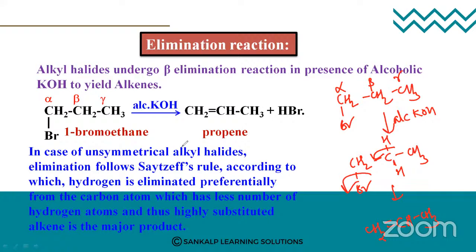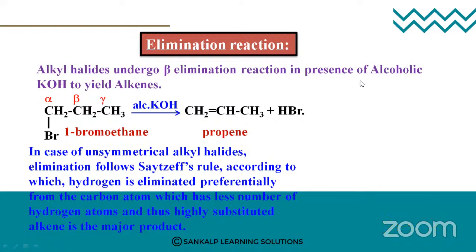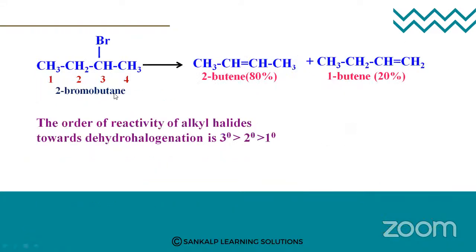The hydrogen will be eliminated preferably from the carbon atom which has fewer hydrogen atoms, and thus the highly substituted alkene is formed as the major product. So whenever you have unsymmetrical alkyl halides, you have to apply the Saytzeff rule.